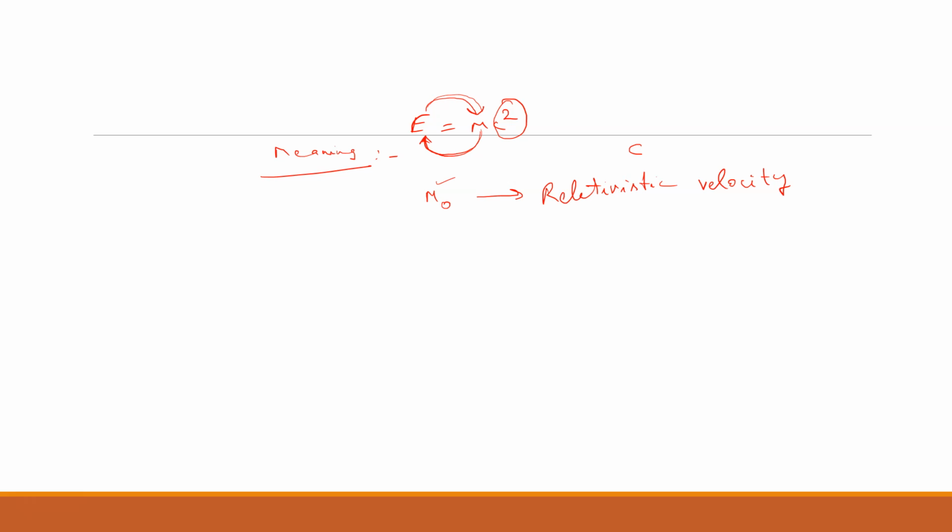So if the force F is applied such that the object starts moving with a relativistic velocity, then in the last article we have discussed the variation of mass with velocity, that is m equals m naught divided by root of 1 minus v square by c square. So m is the variable mass, m naught is the rest mass, and v is the velocity of the object. Now this will be our equation number 1.